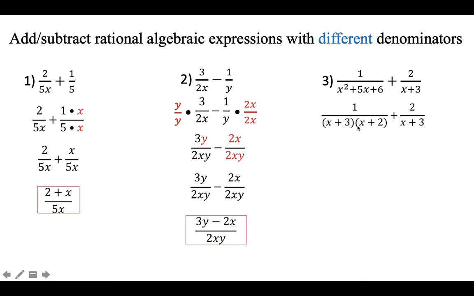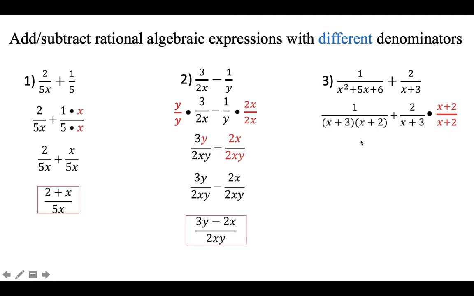After factoring this, we can visually see how to make them equal. There's x plus 3 here, there's x plus 3 also on the other fraction. So I think we will just multiply the same binomial here, x plus 2 and x plus 2 on top. Okay, to make them similar fractions.